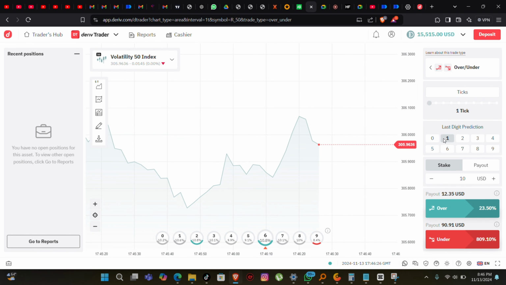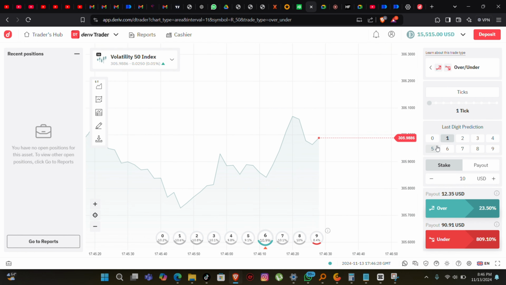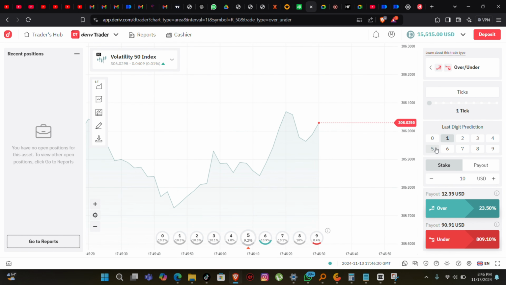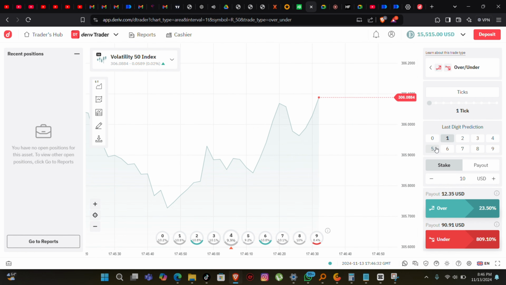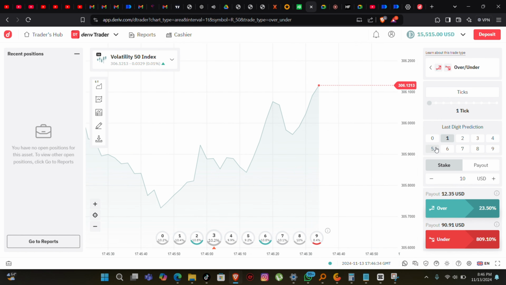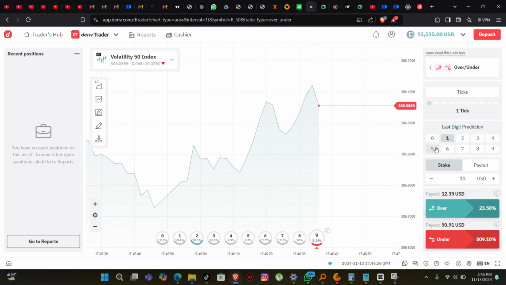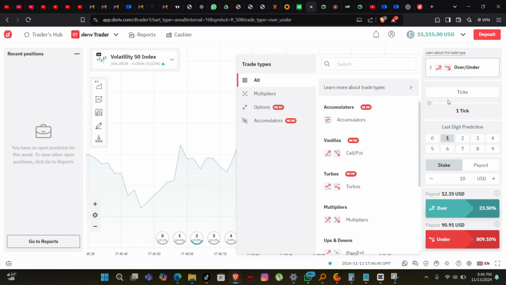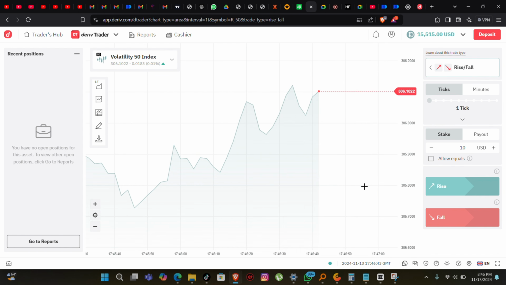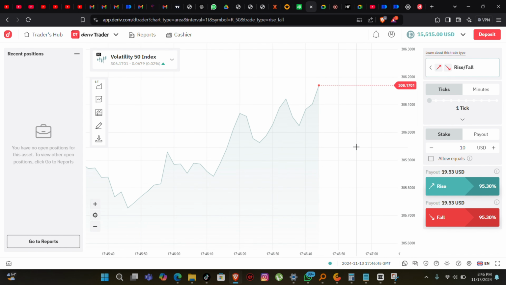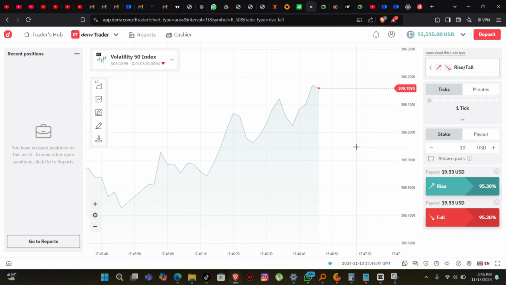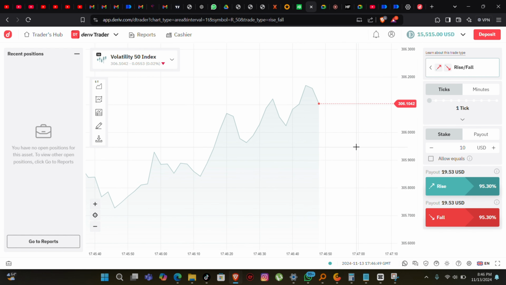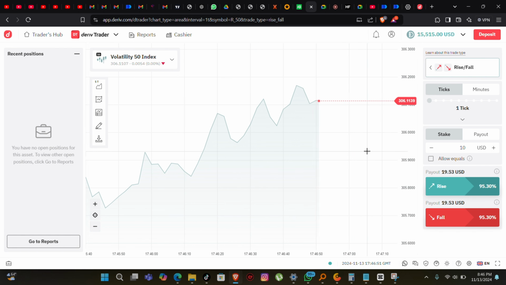Like chances zako za kublow your account are higher because in any case you make a loss of 10, then you're going to take like 5 runs or 5 trades to recover from that loss. But assuming you're trading something like rise and fall, you only need one trade to recover. So it is easier and better for you to trade rise and fall if you are able to do it. Trade it manually and you're going to see the difference.